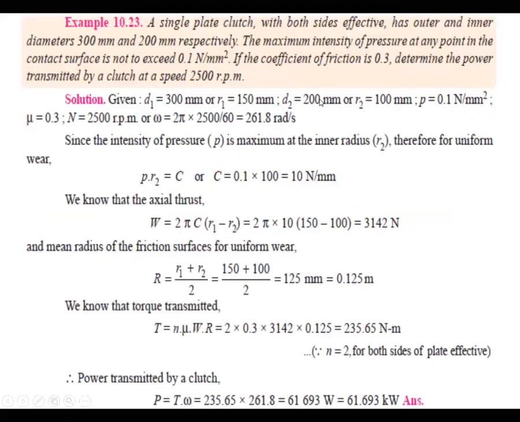Then coming to that one problem here, the problem I would like to bring to you here. The first problem is indicating that single plate clutch. So in the single plate clutch, everything has given here.